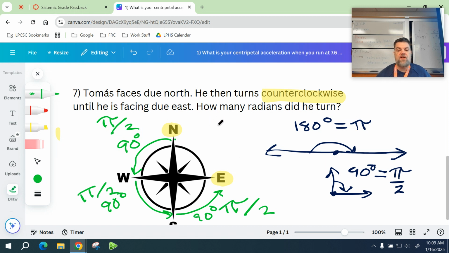So what he actually did is he started off here and he went around this way. Well, that's 270 degrees. And how many 1/2 pi's did he turn? 3 1/2 pi's. 3 times 1/2 pi is 3 pi over 2.